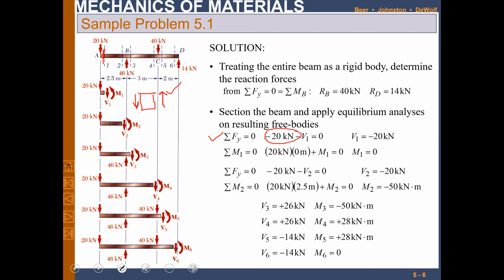Minus V1 over there, because V1 is positive now, because V1 is going downward, right? So this will create clockwise, sorry, it is negative then. Both are negative, right? So minus 20 minus V1 equals 0, and V1 will be equal to minus 20.